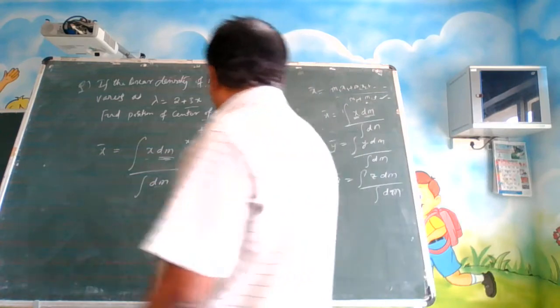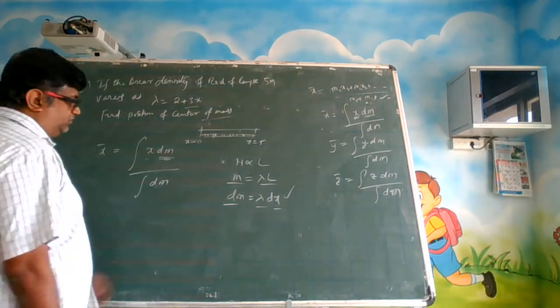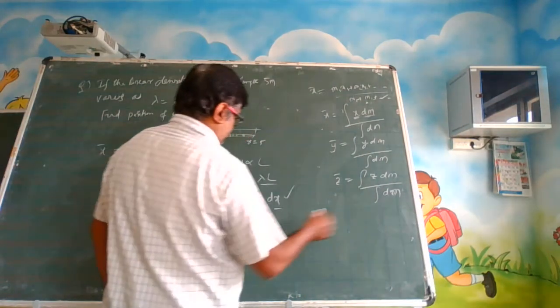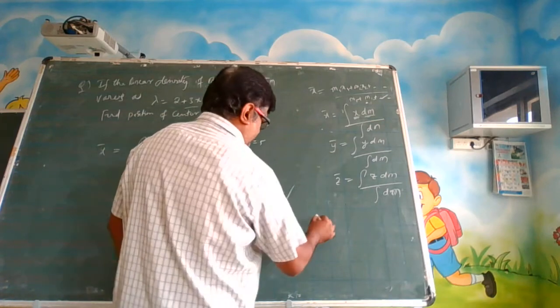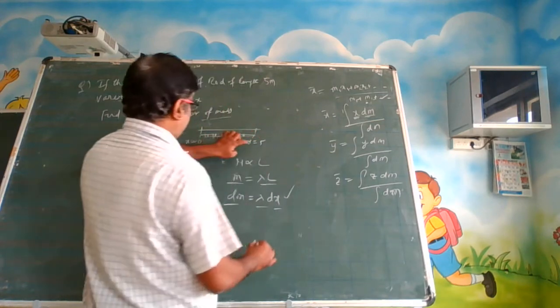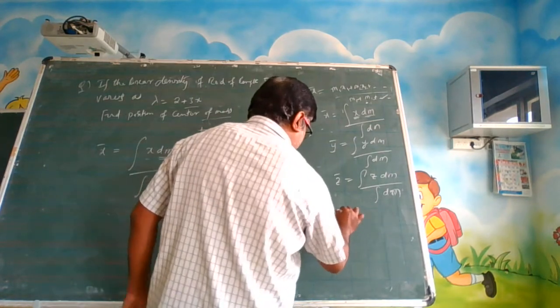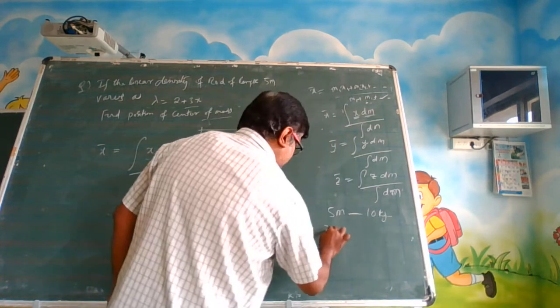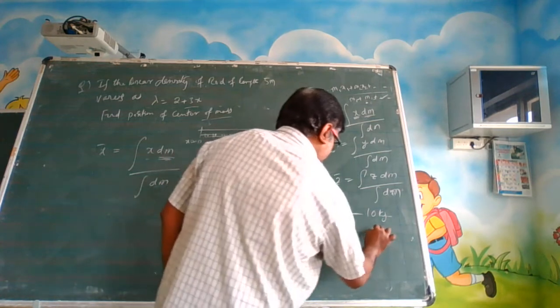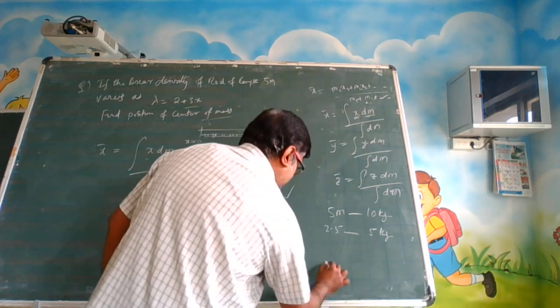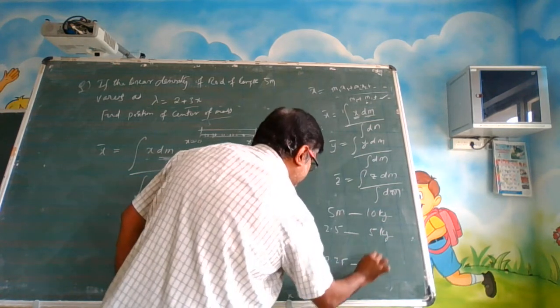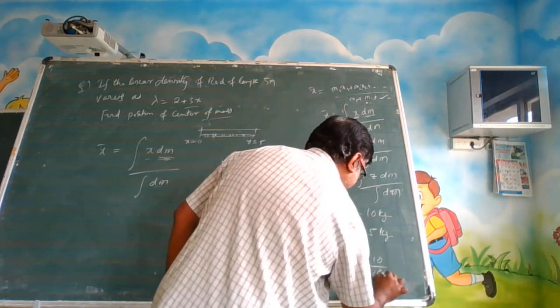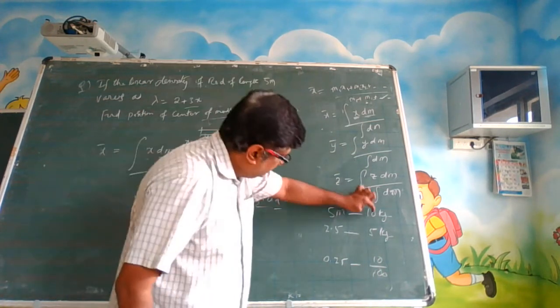Okay. In another way, if you want to understand, this 5 meter length, let us say, is 10 kg. How much will be 2.5 meter length? It will be 5 kg. How much will be 0.25 length? It will be 10 divided by 100, isn't it? So these are the mass ratios, these are the length ratios.